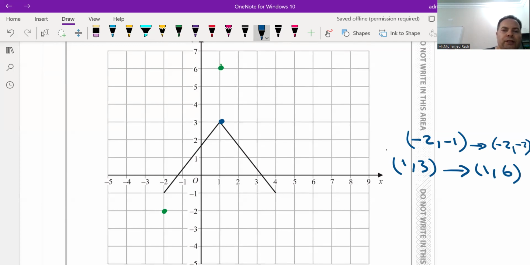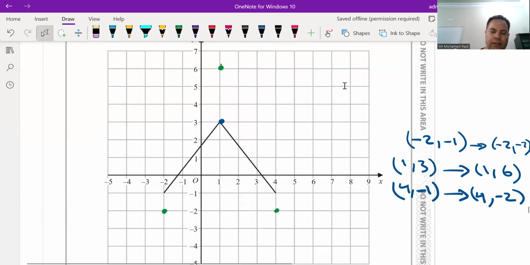The third point is (4, -1). Multiply the y coordinate by 2, it will be (4, -2). Now join the new coordinates to sketch the new graph.